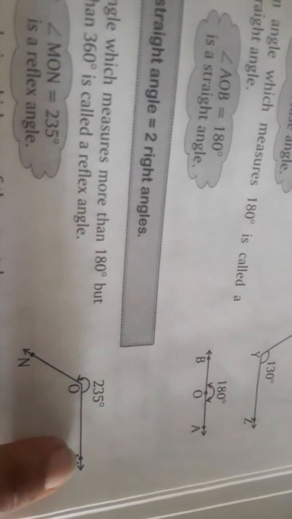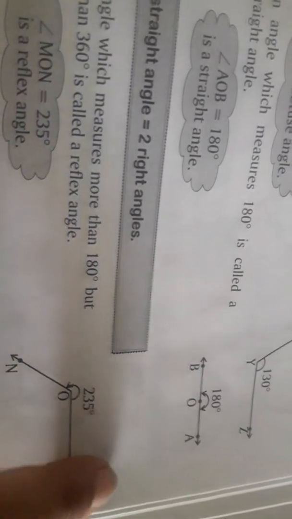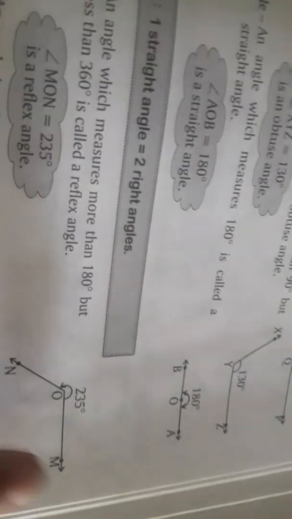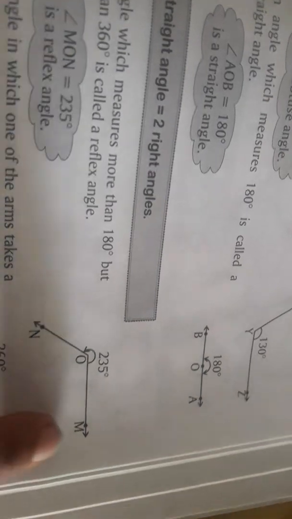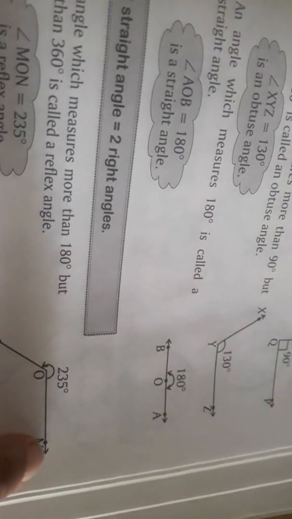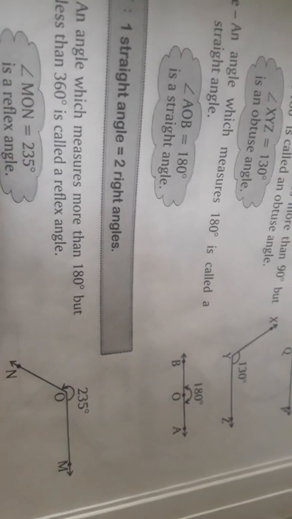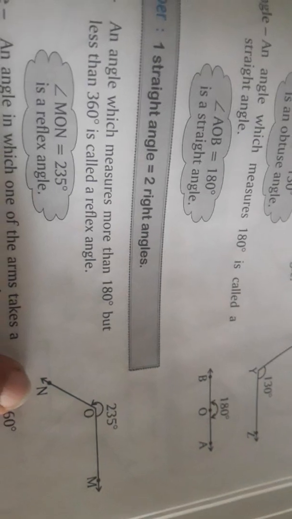An angle started from M, it went here and it came till here. So it is 235 degree. If this angle takes the whole round till here again, that means it is 360 degree, but it stopped here, that means it is 235, it is less than 360, so it is known as reflex angle.